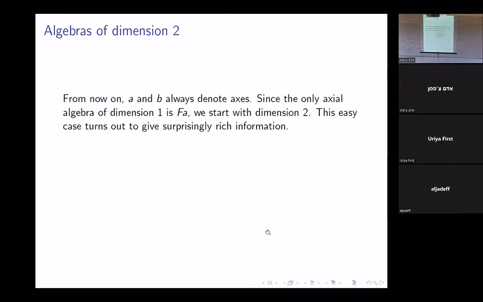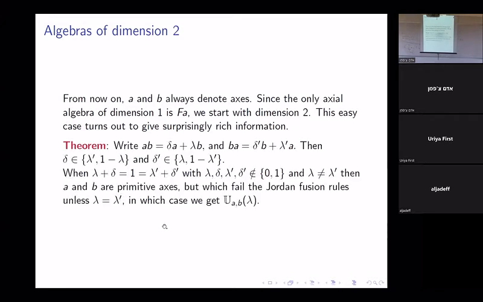Okay. So I started talking about two-generated algebras, and in fact the only algebras that HRS deals with are the two-generated algebras. Because, let's just say it, if you have an axis, a product of two elements, each element is spanned by axes.